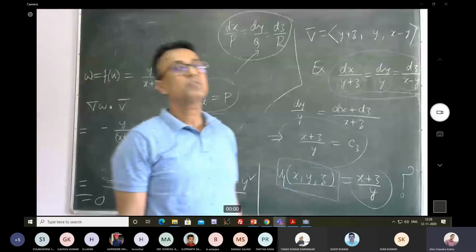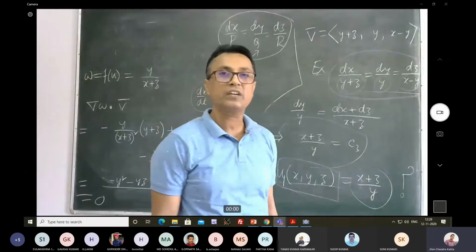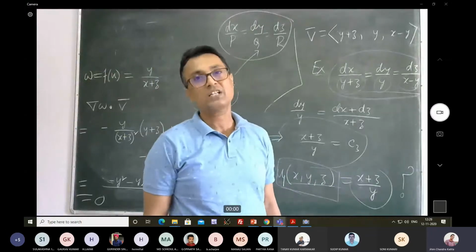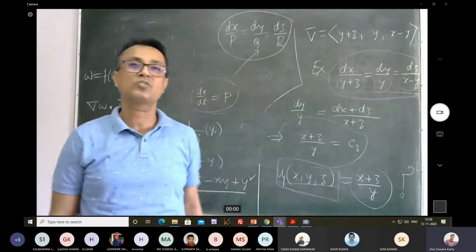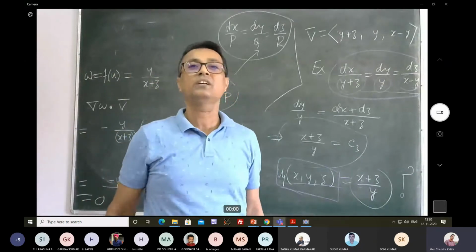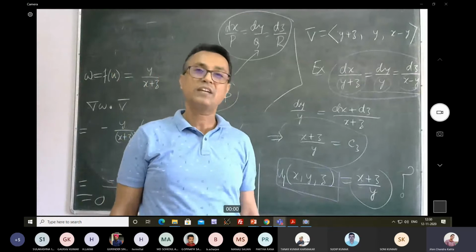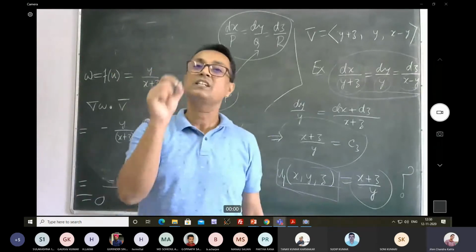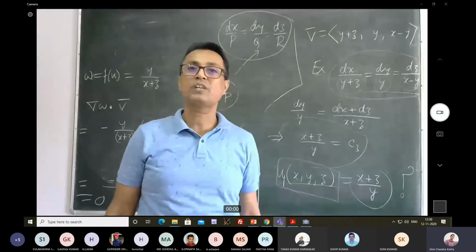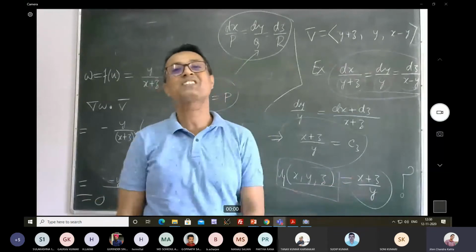You simply find two first integrals, check that the cross product of their gradients is non-zero, find the domain, and then claim that this is an integral curve defined in that particular domain. Is it okay? Fine.